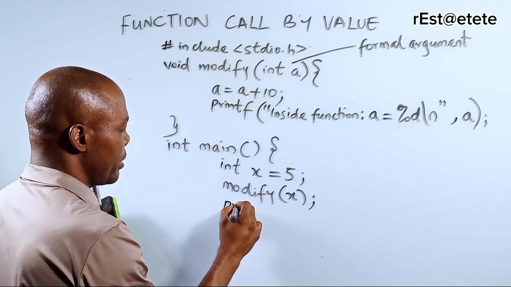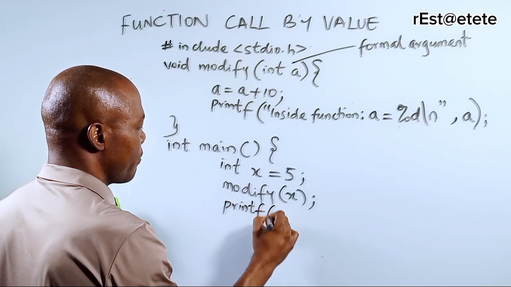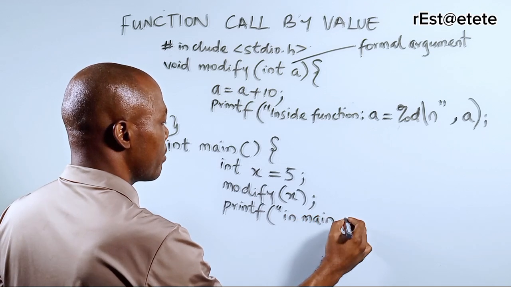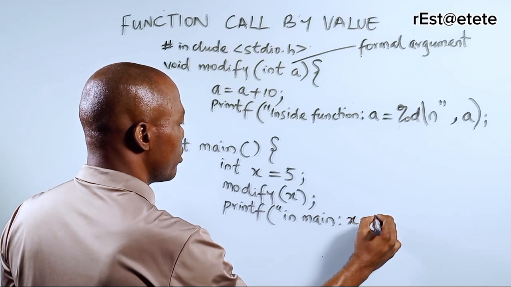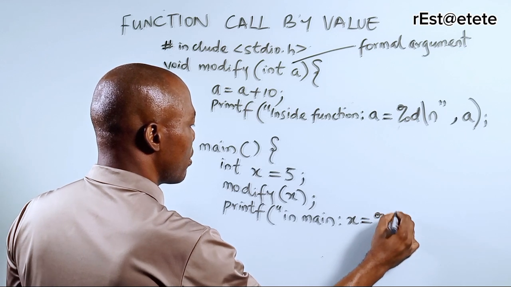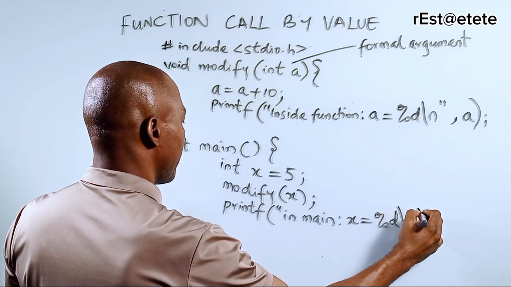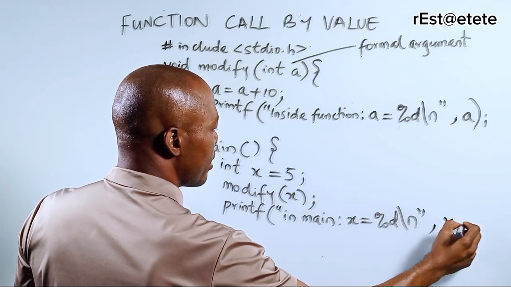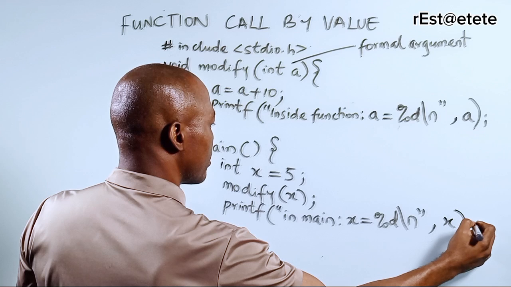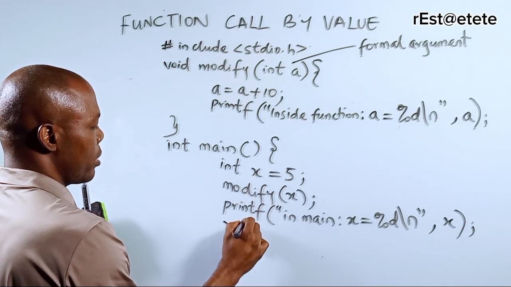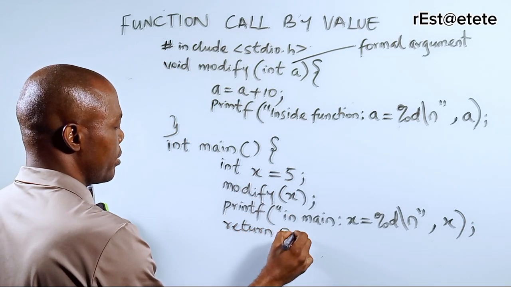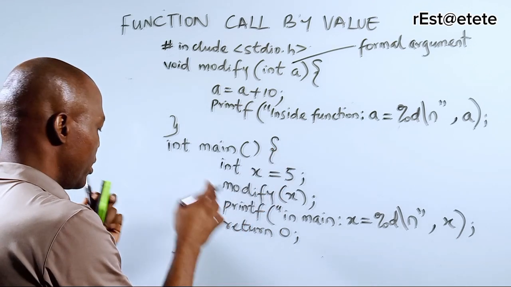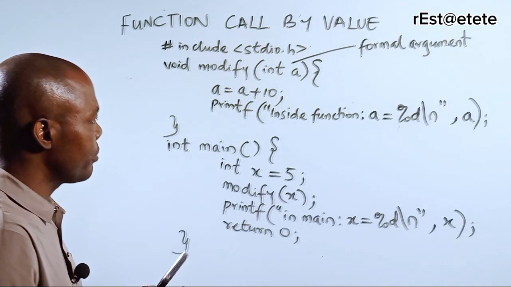Then here I will say printf, I will say in main x equals, format specifier, comma, x. Then here I will say return 0. Then my curly bracket, I will close it here. Okay, so this is my program.